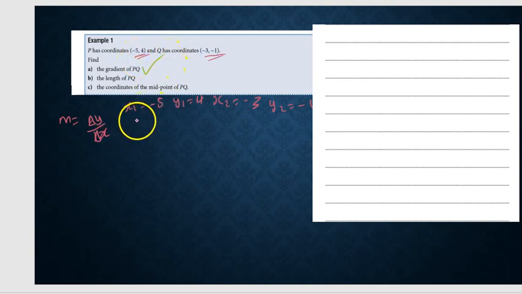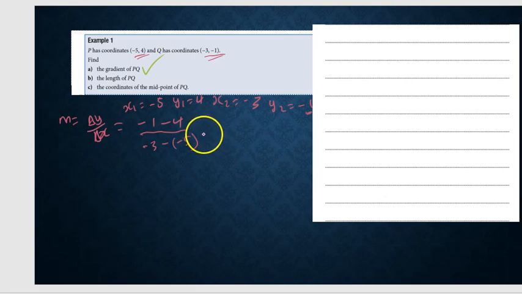So the change in y over change in x would be -1 minus 4. -1 is y2 minus y1, right? So it is -1 minus 4, divided by x2 minus x1. x2 is -3, so it is -3 minus -5.